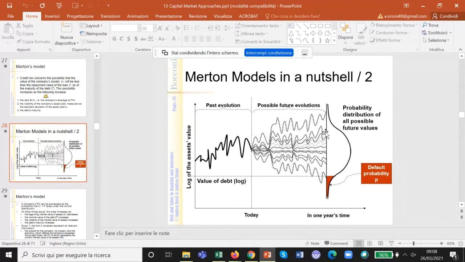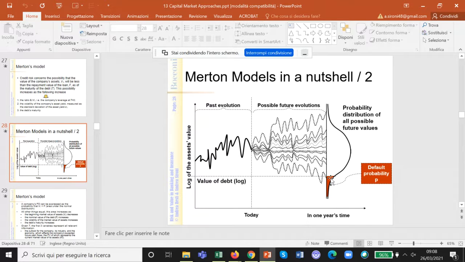Now, if this is the case, what we know is that if the asset value goes below this threshold, which is the value of debt, the dotted line, then there will be default, okay? Then there will be a default because the value of the assets would be lower than the value of debt.